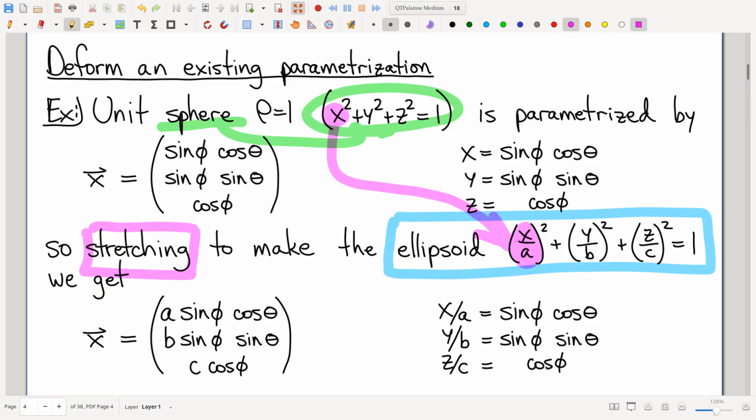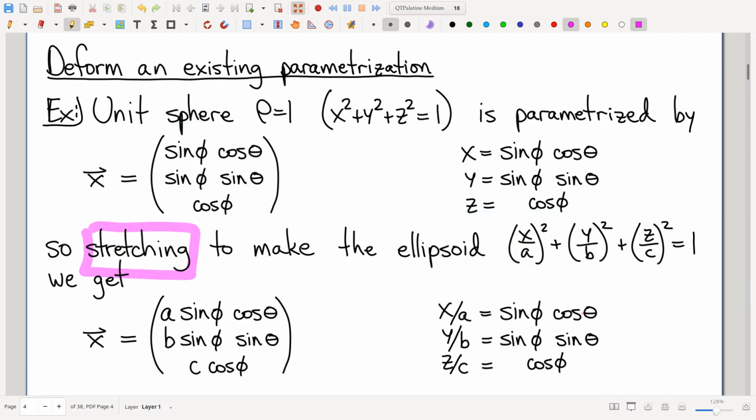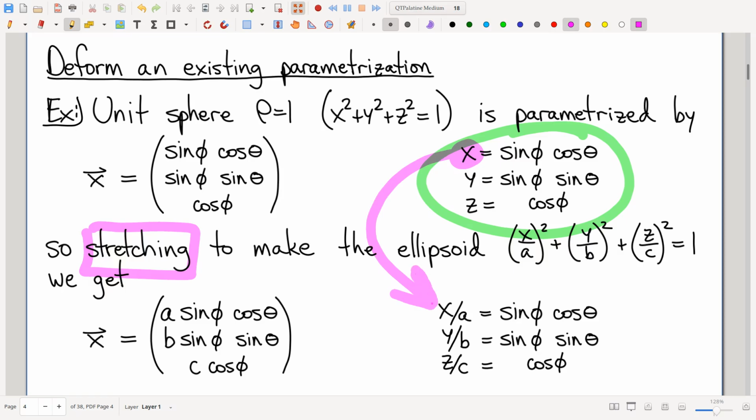So here's the thing, if that's the stretch, how does that affect the parameterization? Well, exactly the same way. Because after all, this parameterization of the sphere is a bunch of equations. And I can do the same move. Just in all of those equations, just replace x with x over a.